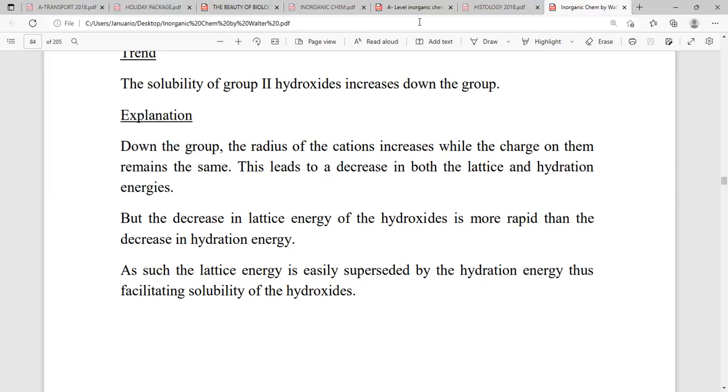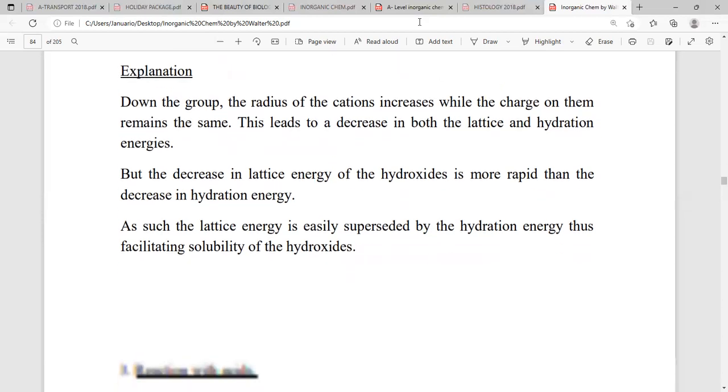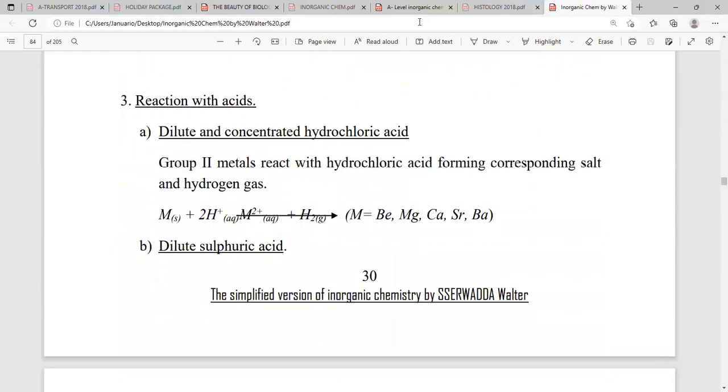And remember, hydration energy is always negative, and lattice energy is always positive. These compounds have to first separate into their corresponding gaseous ions for them to be soluble. So the attraction of water is high. That is hydration energy. Hence, it facilitates the solubility of this hydroxide in water.